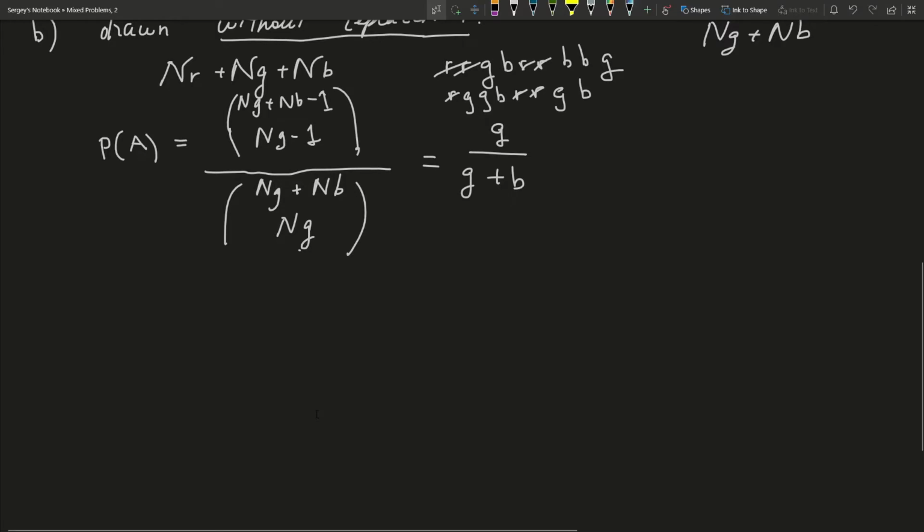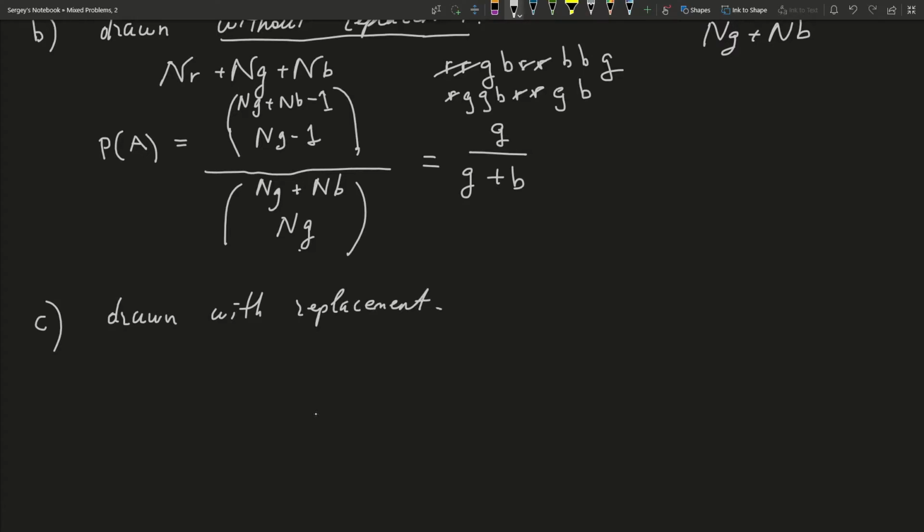Now part C of the problem asks us to generalize the result from part A. We're again sampling with replacement, so the balls are drawn with replacement.